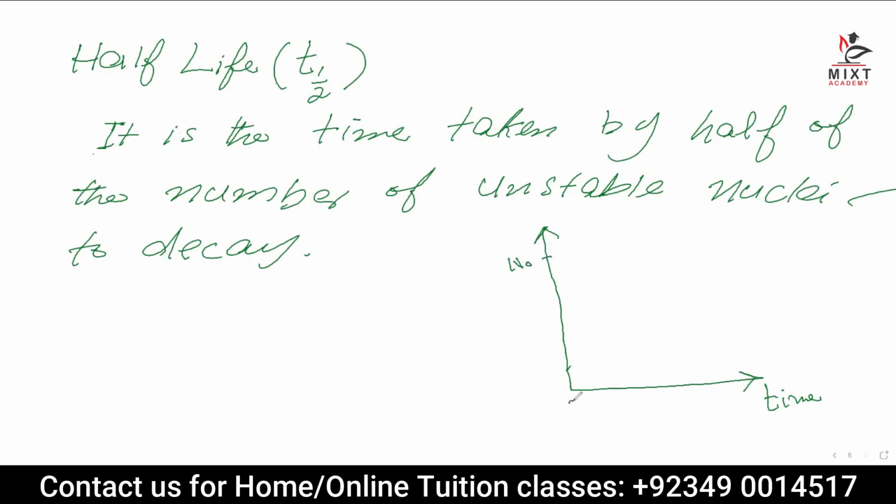N naught is the initial at T0, and after that N naught over 2, then N naught over 4, and so on. So this graph would be exponentially decreasing, like this. Initially it's fast and then slow. It's known as the decay curve.